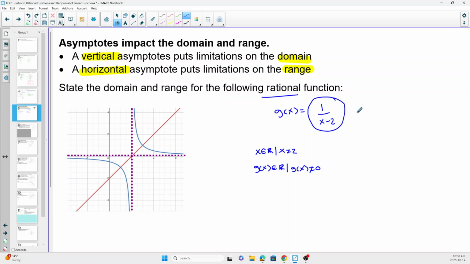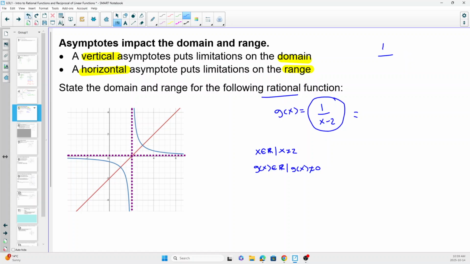The only way for a rational function to have a function value of 0 is for the numerator to be 0, and we're going to talk about this later in this lesson. But 1 divided by literally any number is going to give you back a number that's not 0. We can't divide by 0 to get 0 because this is a math error.